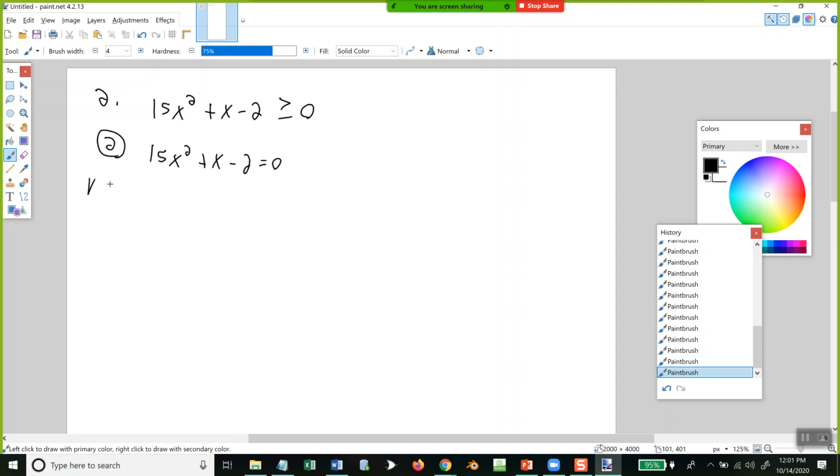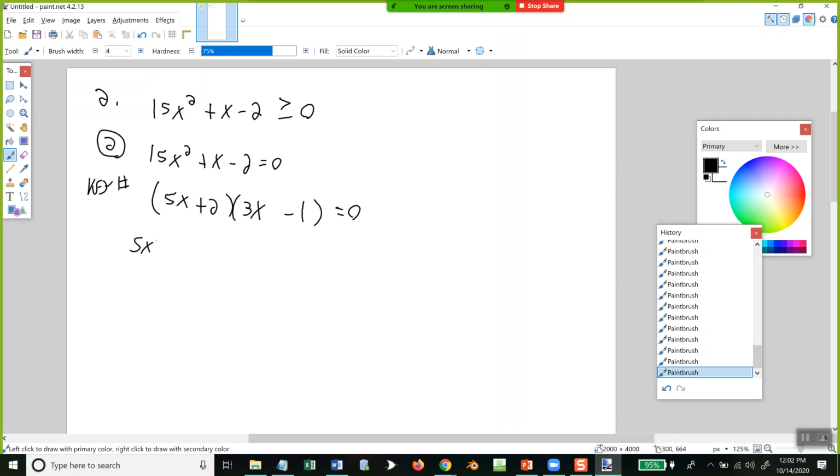This factors using the key number. Plus 2, minus 1. Set each factor equal to 0.